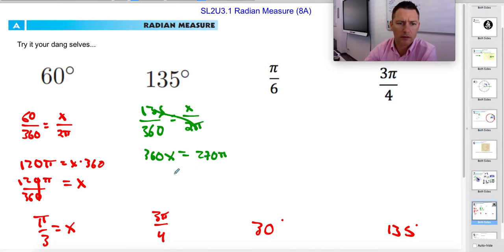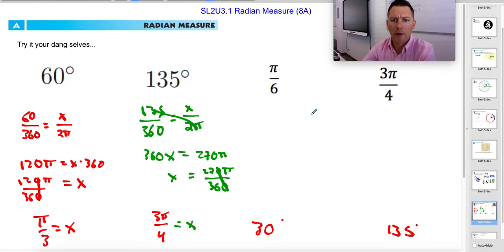And then you divide, right? So you get 270 pi over 360. The zeros cancel and you get 27 over 36. You can divide them by 9. And you get x is 3 pi fourths.